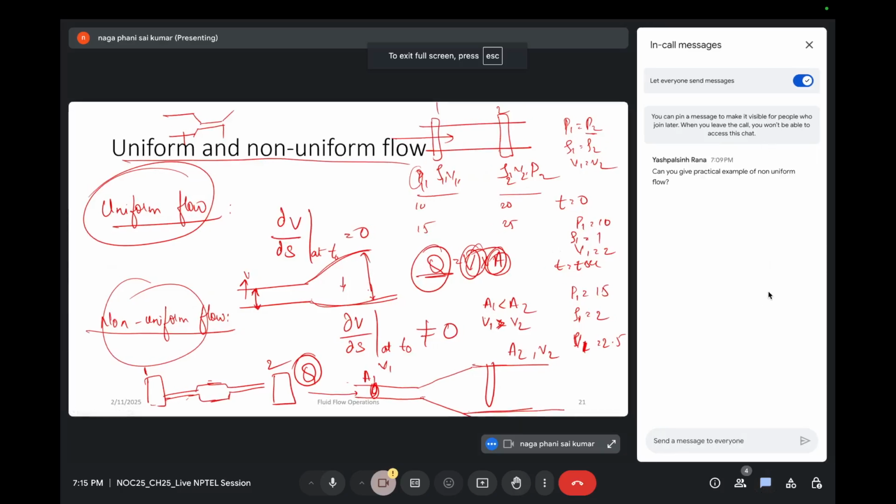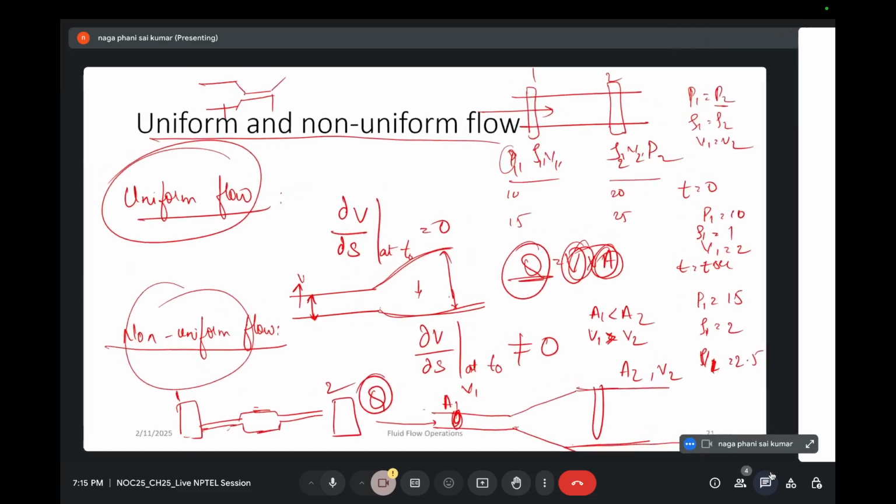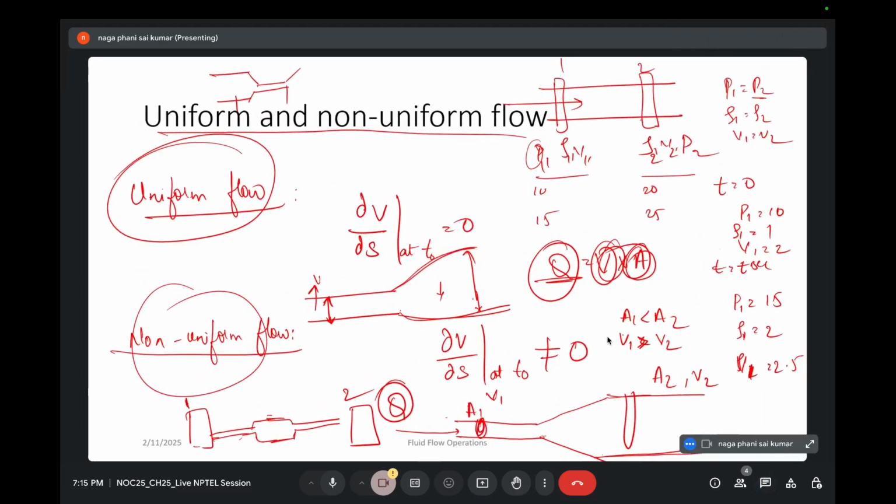Is it clear? Is it clear, or do you want me to go through any other examples?